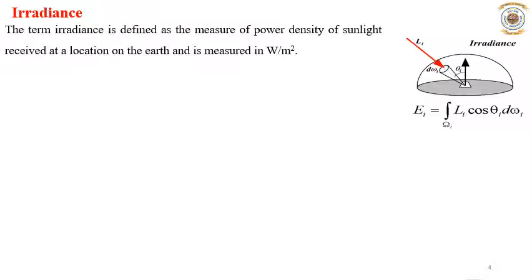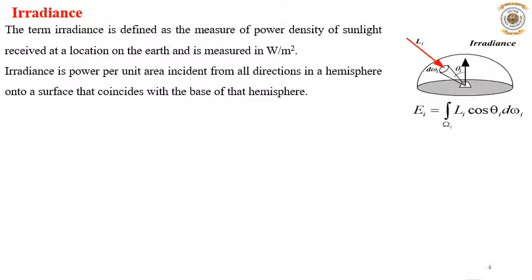The term irradiance is defined as the measure of power density of sunlight received at a location on the earth and is measured in watt per meter square.